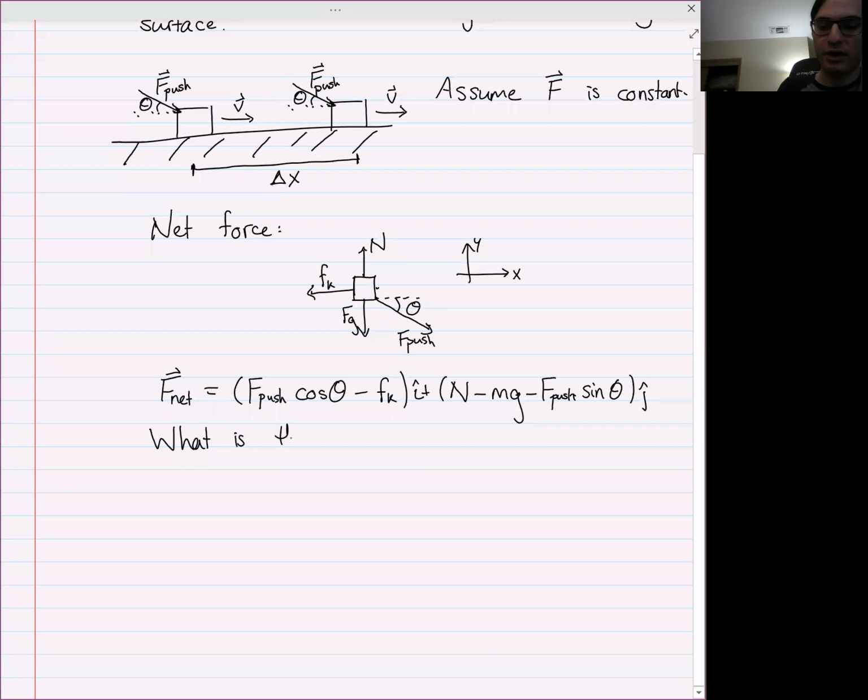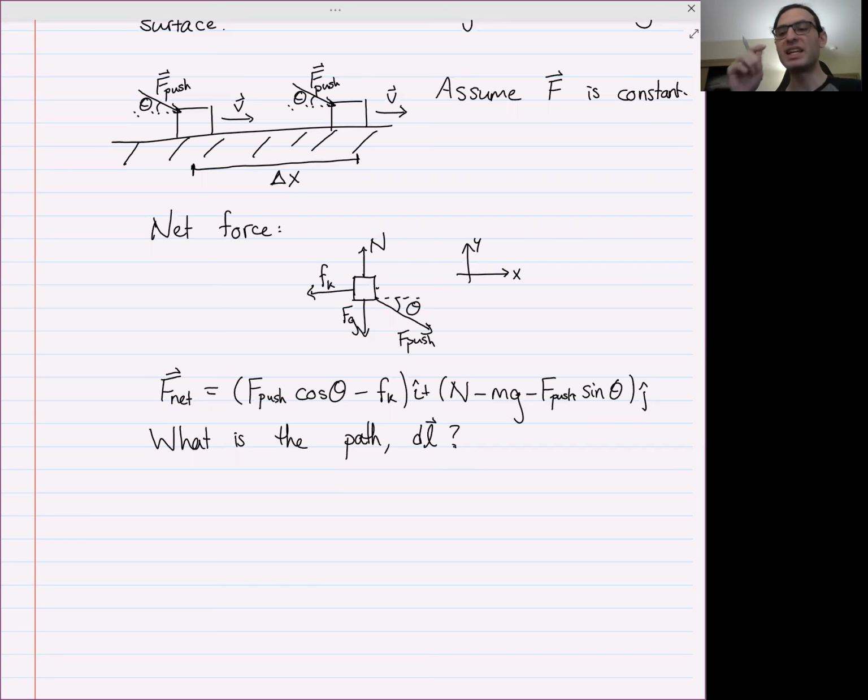And the path is described by the vector dl. F g is just mg, it has magnitude mg.